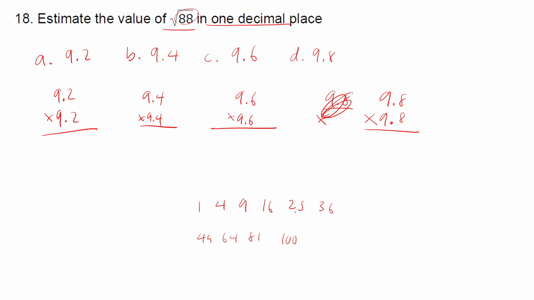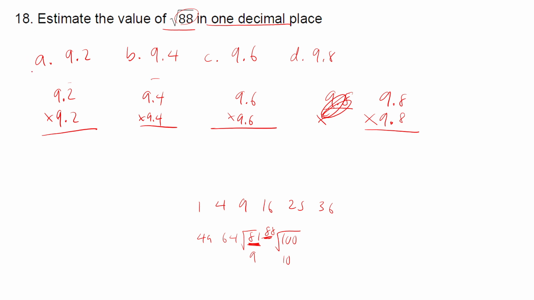Where is 88 much closer? The square root of 81 is 9, and the square root of 100 is 10. 88 is much closer to 81. That's why our answer could possibly be 9.4 or 9.2.